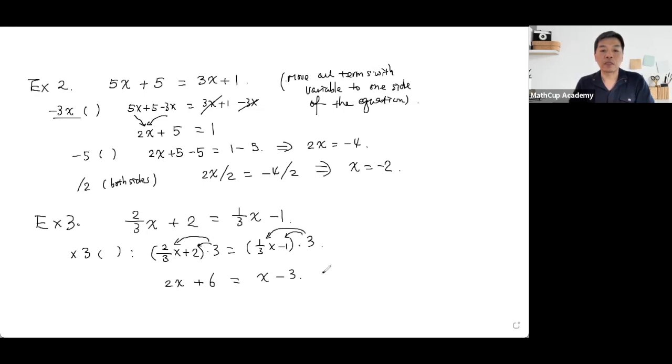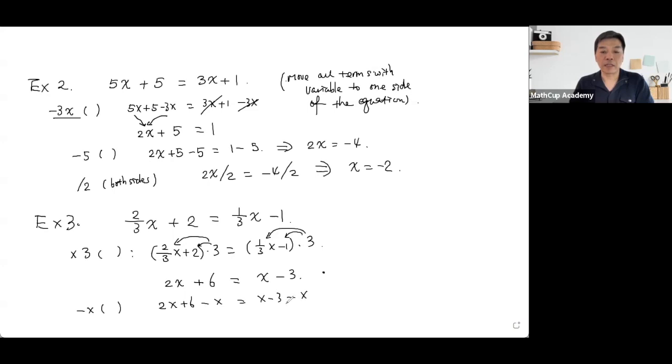At this point, this looks like the same as example 2. And we're going to move the x to the left side by minus x both sides. So you have 2x plus 6 minus x equals x minus 3 minus x.